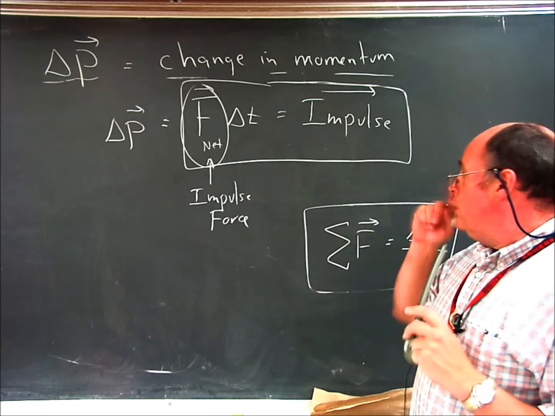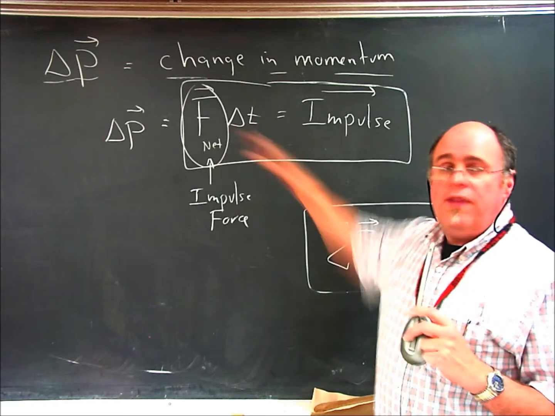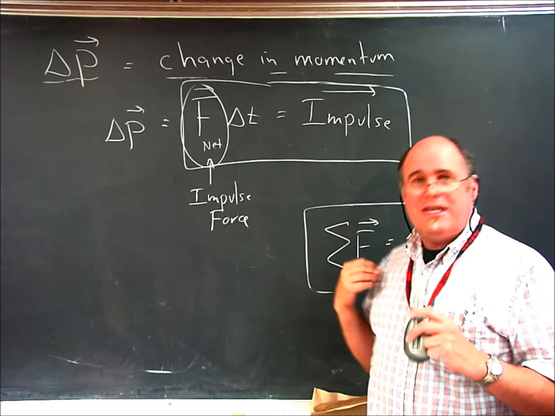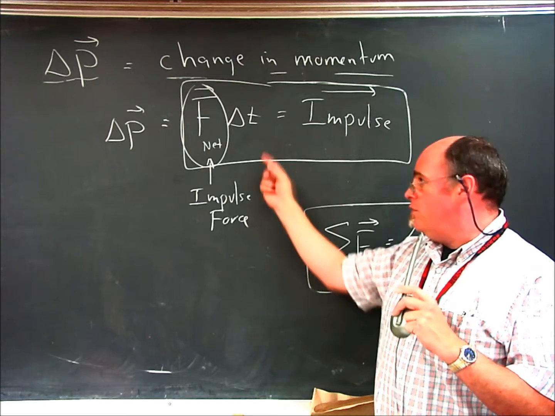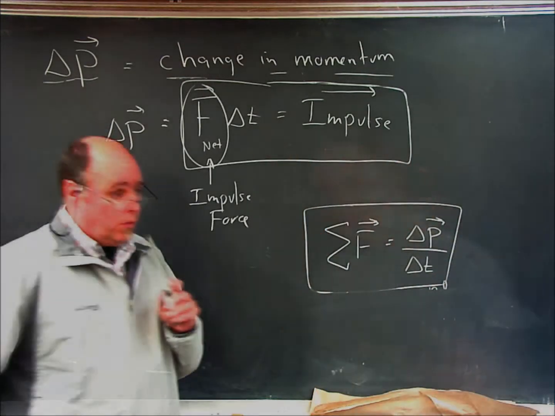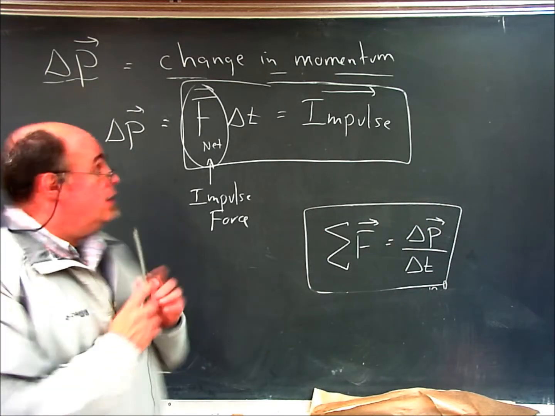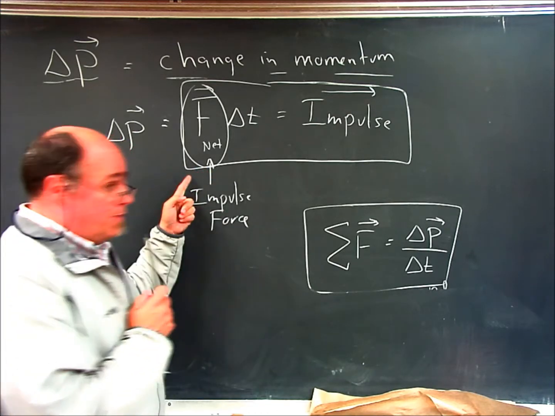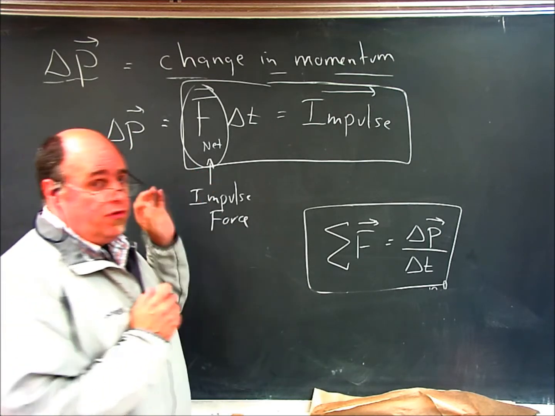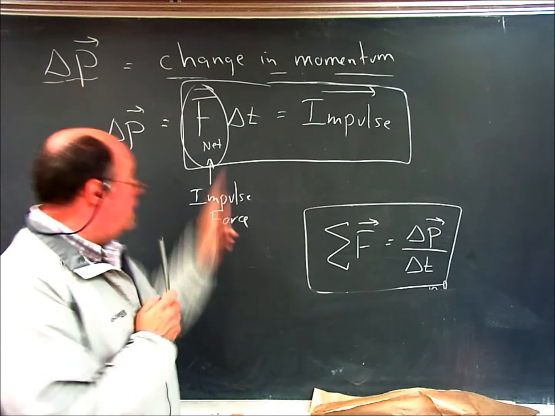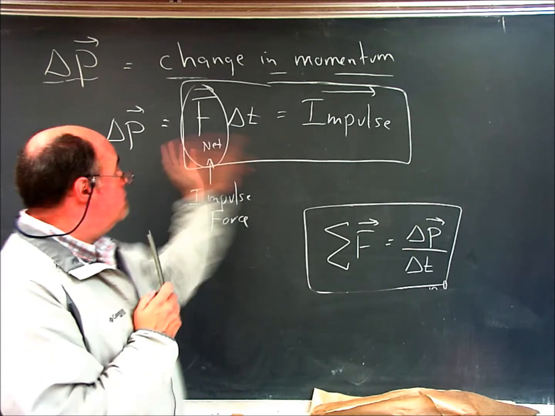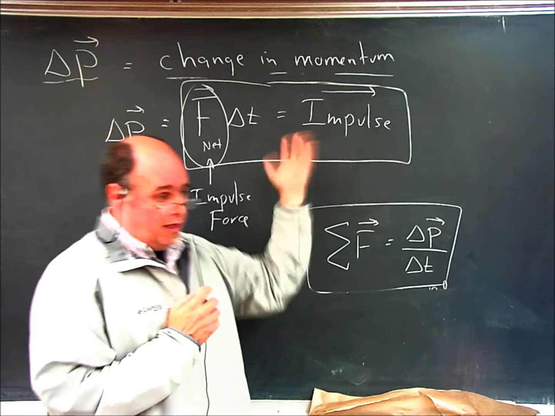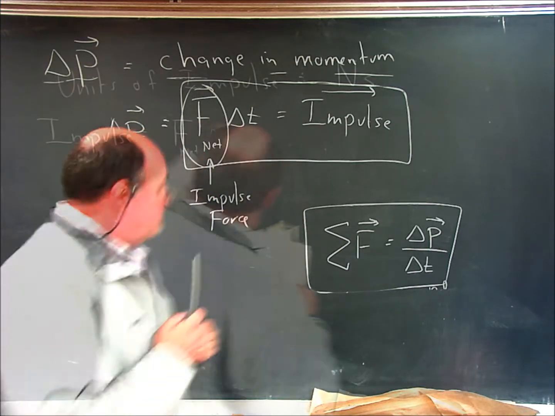Usually these time frames are so small that our brain doesn't even have the signals sent yet before that force is over. Okay, so as I was saying, this is called the impulse force, and the impulse force usually happens for an incredibly small duration of time. But that will be the time there, and you multiply those two together and you get something called an impulse.